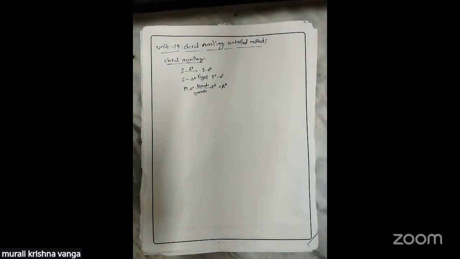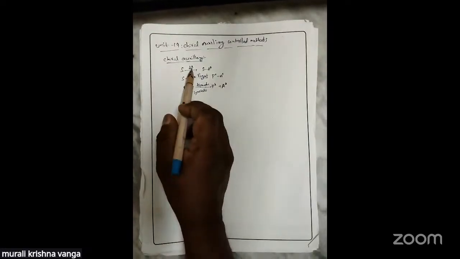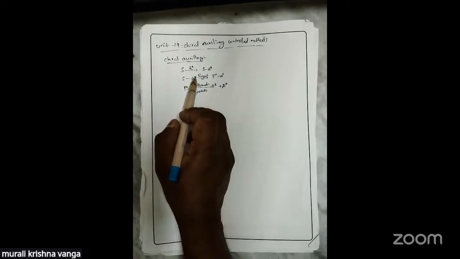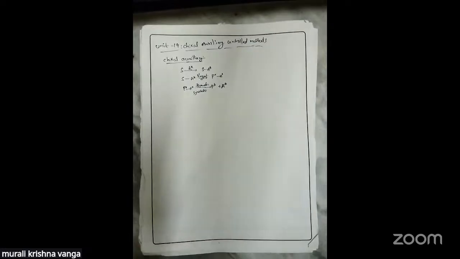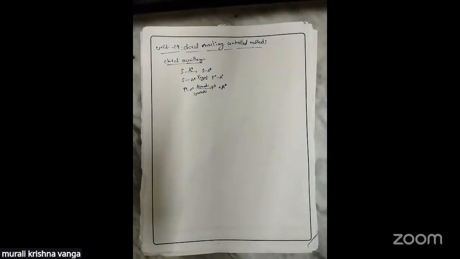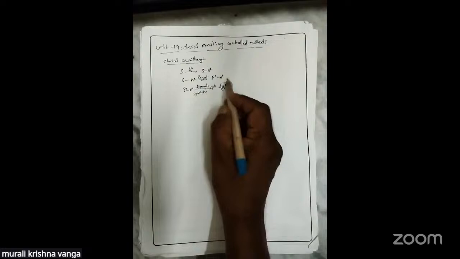It's the chiral auxiliary, a purely chemical outside substance, which is temporarily associated with the substrates and gives the direction for asymmetric synthesis. After completion of asymmetric synthesis, it is regenerated in its own form.